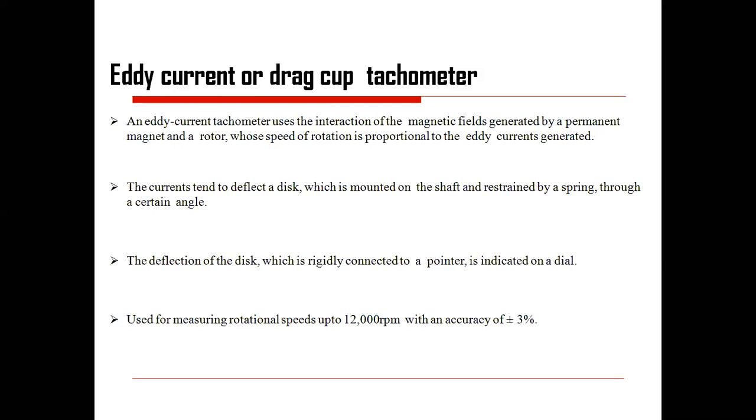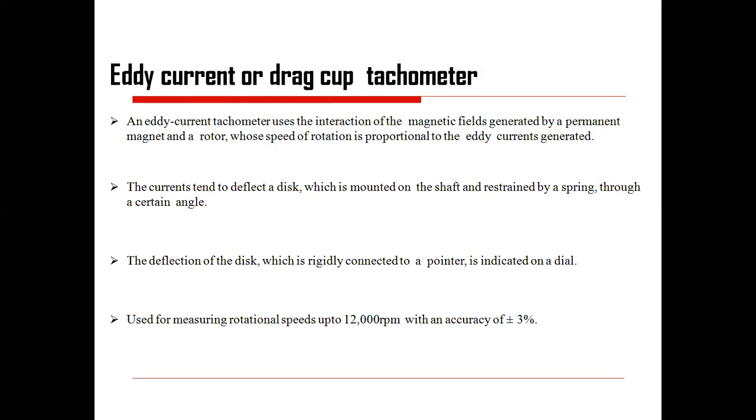In the electrical type, as I discussed earlier, the output generated is calibrated in terms of either voltage or current. So here the resultant output is calibrated in terms of eddy current. The speed of the component we are interested in measuring, that speed of rotation, will be proportional to the eddy current generated. Now, how are the eddy currents generated?